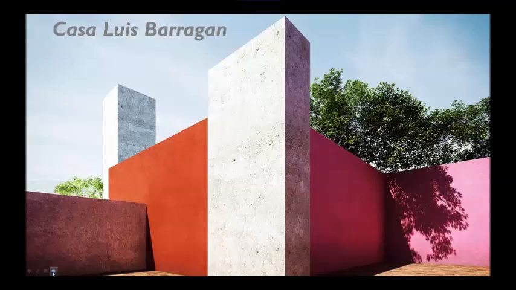But Barragan really incorporated the culture of Mexico into his modernist views and modernist take on things. And so you see that played out in the color choices and the use of light and shade and shadow and these big solids, and then places where there are voids in the walls.